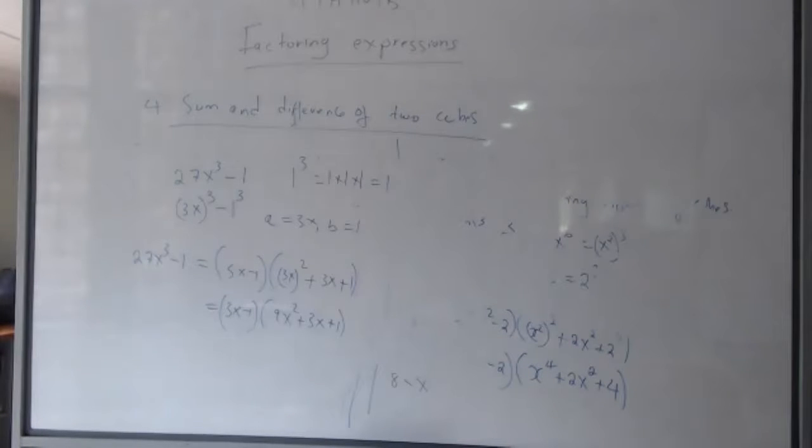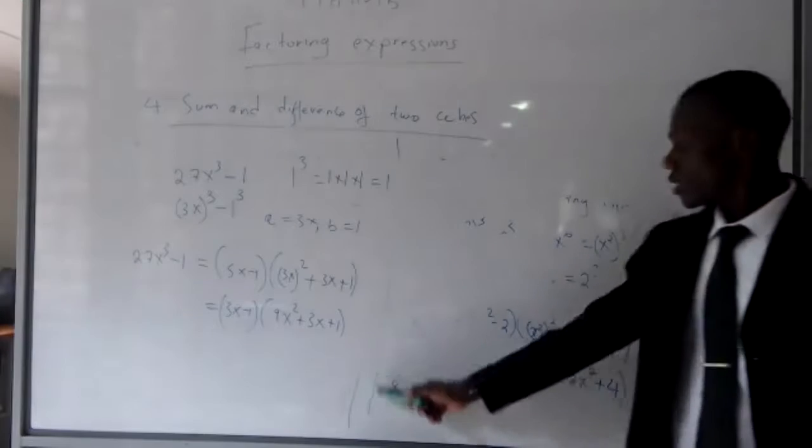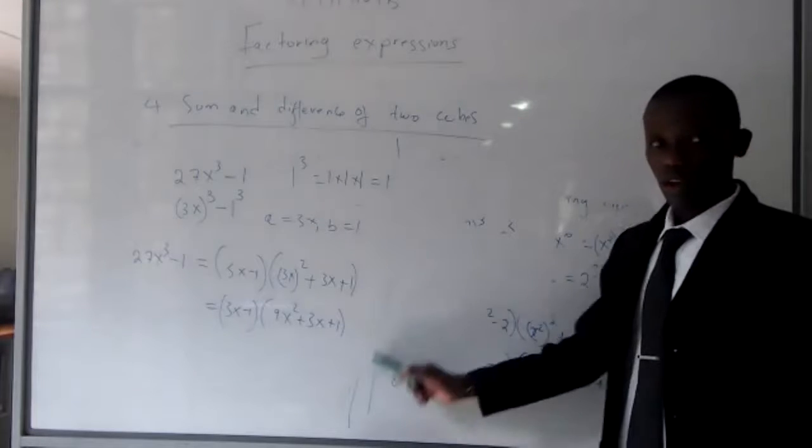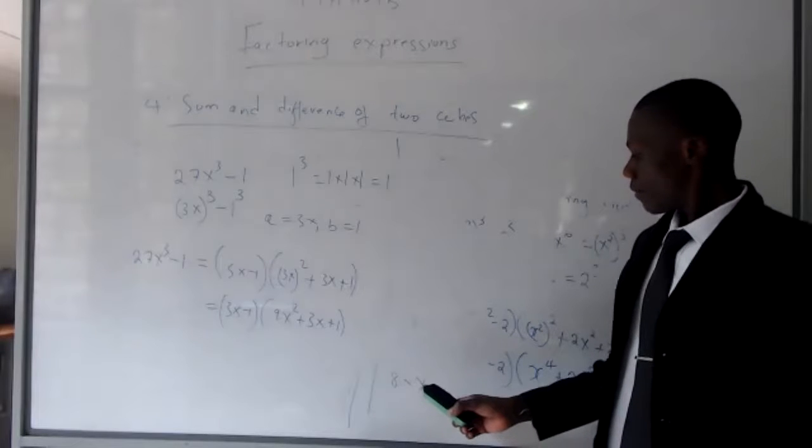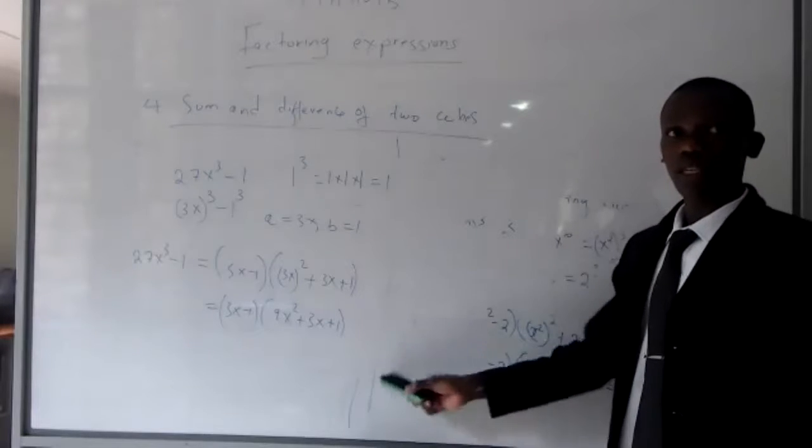Yes, when you interchange a and b in that particular example. So if we change a and b around for the other examples, we get different answers too? Yes, if you change for the other examples, you get a different answer, which is just a negative. It's just a factor of negative one, because 8 minus x to the 6 is simply negative one times x to the 6 minus 8.